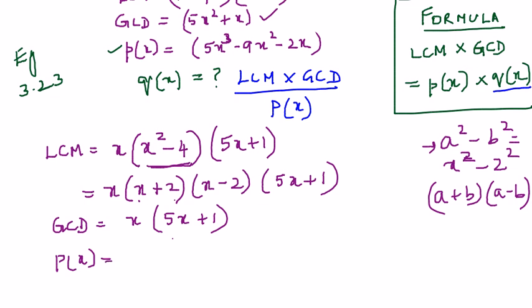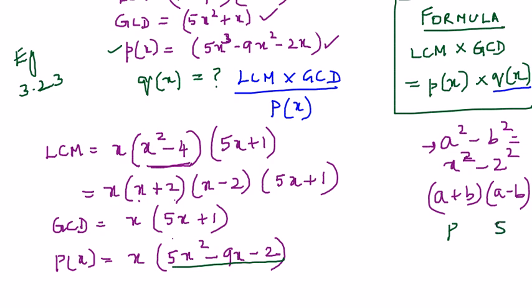Now let's take P of X. The moment I see it, it looks like I can take x outside. So let's first take that out. 5x squared minus 9x minus 2. Now this part I can further simplify, right? For that I have to use the sum and product method.